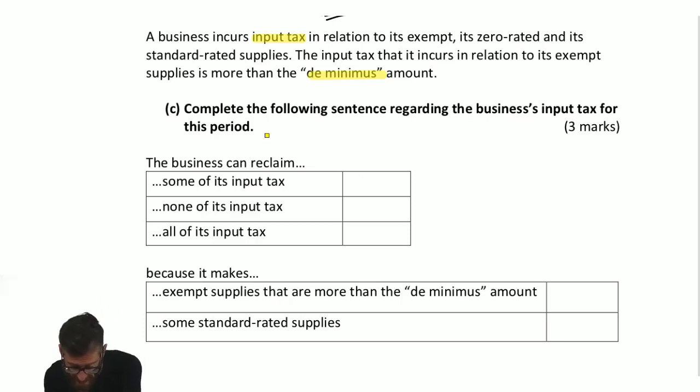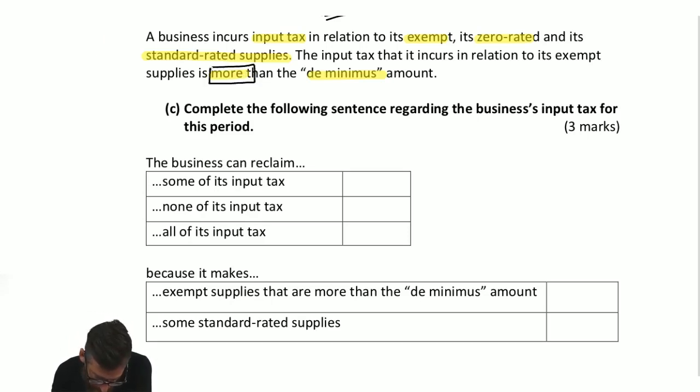So the input tax in relation to its exempt, its zero rated, and its standard rated supplies. The input tax that it incurs in relation to its exempt supplies is more than the de minimis amount.